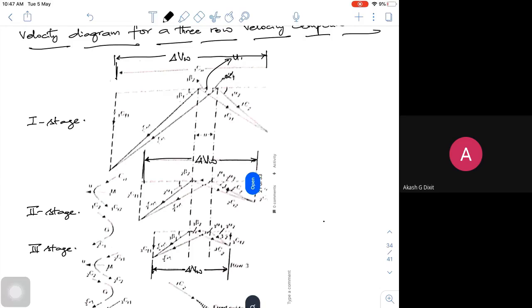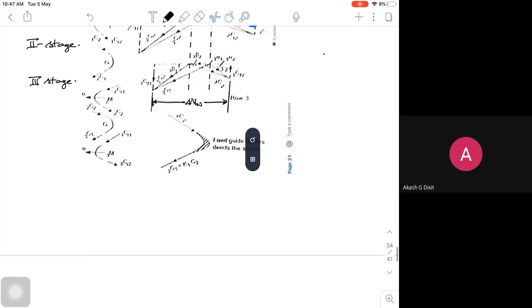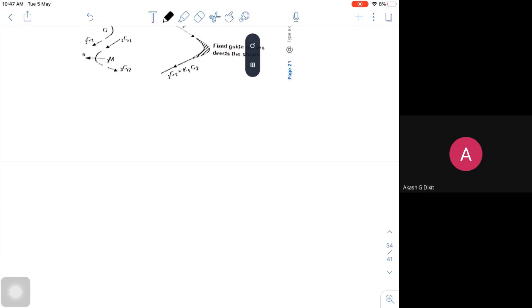Why is this so important? At any given point, you want to find the total work done. The total work done is equal to delta VW of the first stage plus delta VW of the second stage plus delta VW of the third stage, the whole thing multiplied by U. U is not changing.